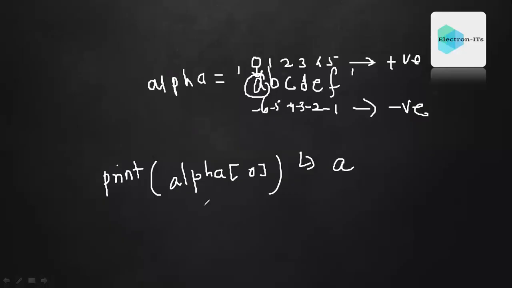Similarly, if instead of 0 I use -3, alpha of -3, the letter corresponding to -3 is d, so the output here you will get is d. And like this you have to use the numbering for strings.